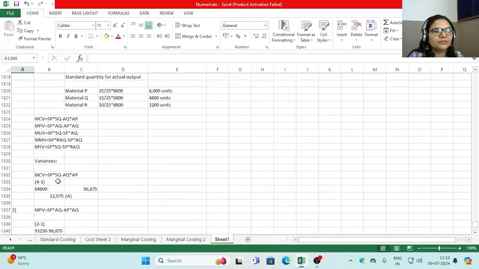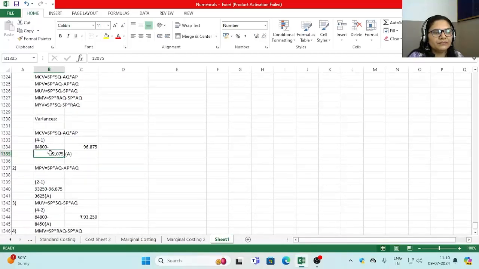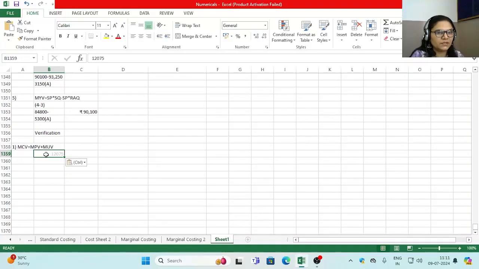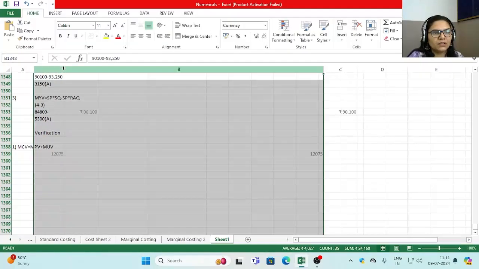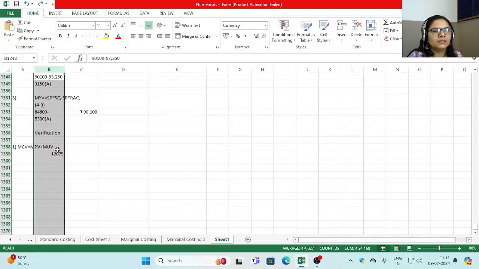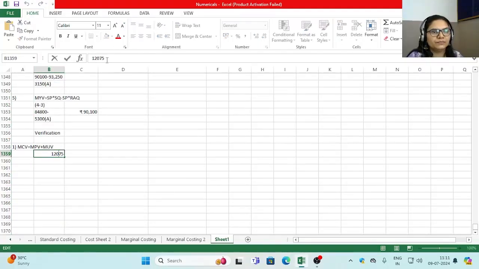Material cost variance, we all know, is 12,075. 12,075 should be equal to 3,625 plus 8,450.